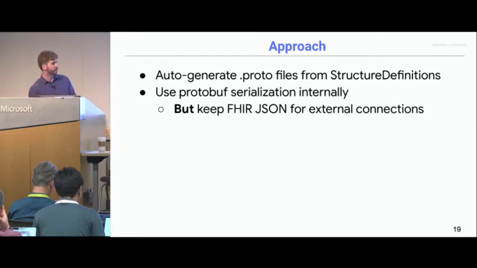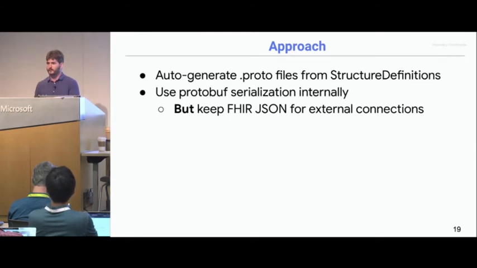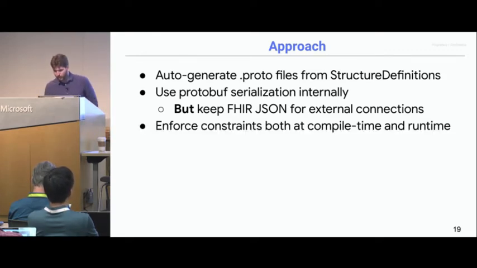We really think about proto as another one because it's totally isomorphic, it's totally easy to move back and forth between them. This is a point that I'm going to stress a couple of times through the talk: even though we've made a very different, type-safe representation, at all times, even as these protos get more complicated, it always freely moves back and forth between all other FHIR formats. We're going to try to enforce constraints at both compile time and runtime.